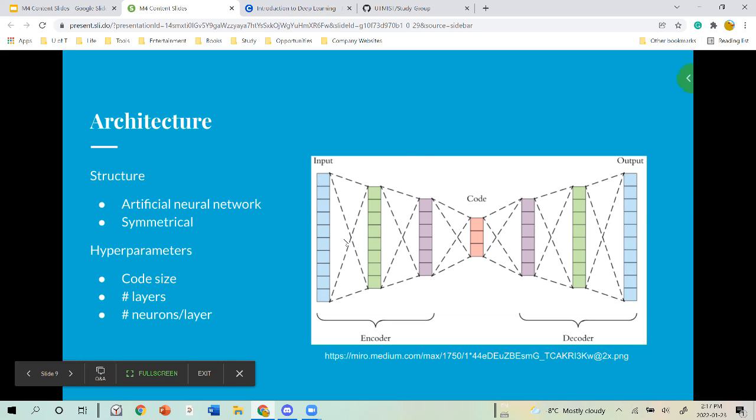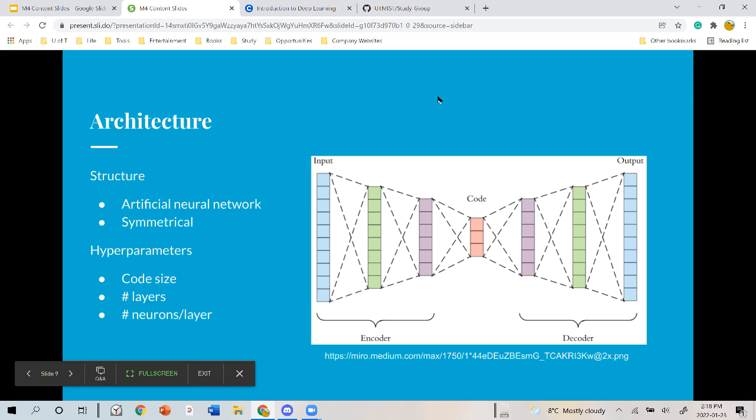And then there are also different parameters that you can change. The code that you have here, you can change the size of it. So you can control its dimensions to control how much you want it to be compressed.